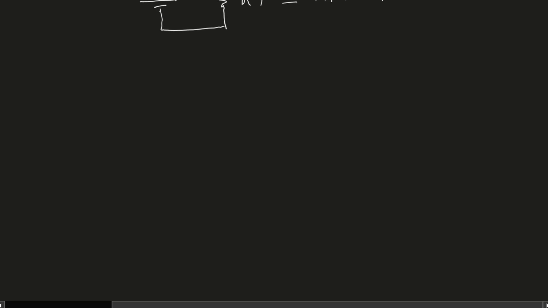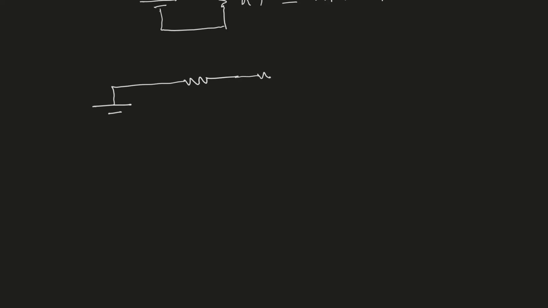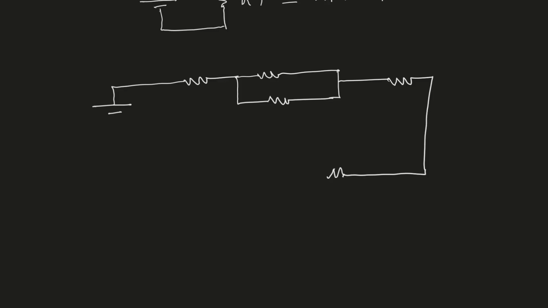To demonstrate one example of this situation, I'm going to solve this circuit. I have a resistor over here, and then one over here, one here, maybe another one, and then I have another parallel combination over here, and I guess that's sufficient.